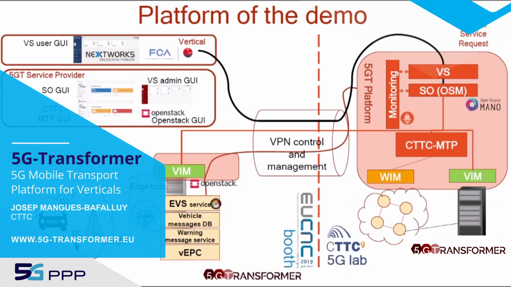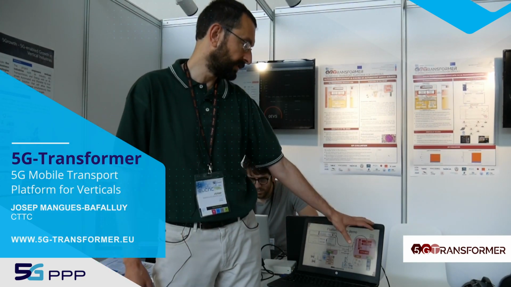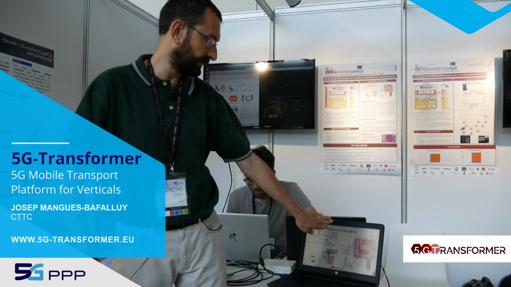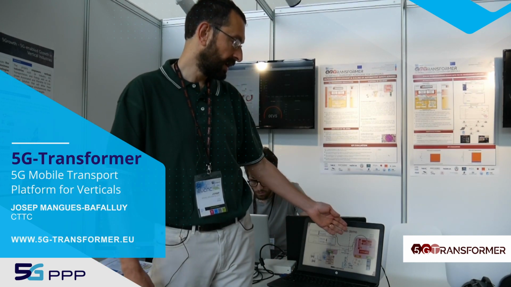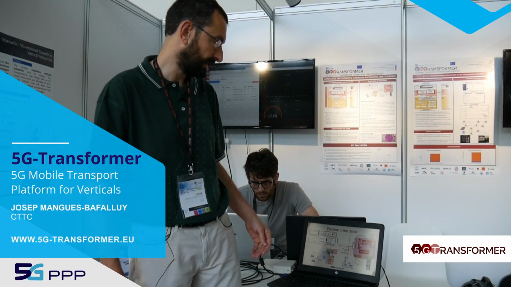All this is automatically handled by the 5G-Transformer platform that I described before. This is the scenario of the demo. It is distributed between two sides: this booth, which is the left-hand side of the figure, and the CTTC lab in Barcelona.